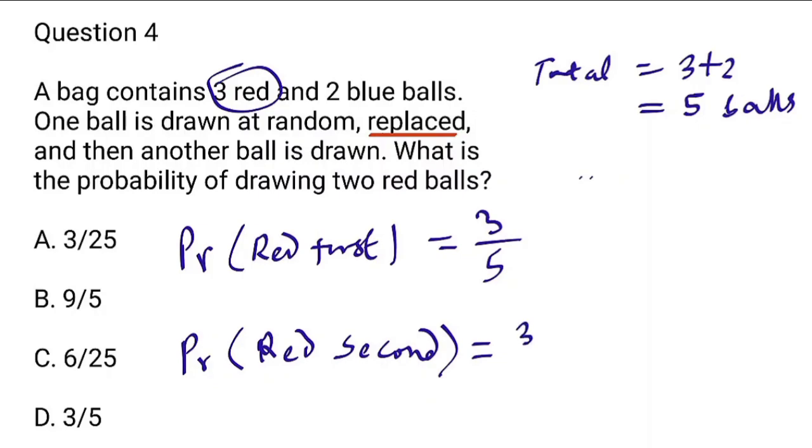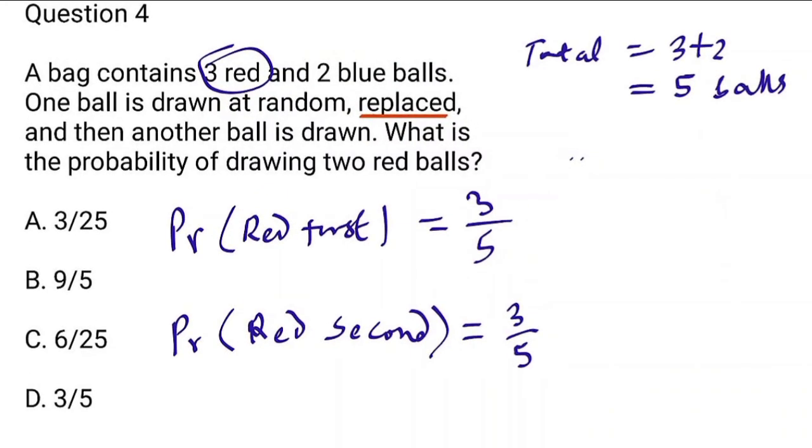So we're still going to have 3 over 5. Understood? So what is the probability of drawing 2 red balls? That is the probability of red and red in the second time.